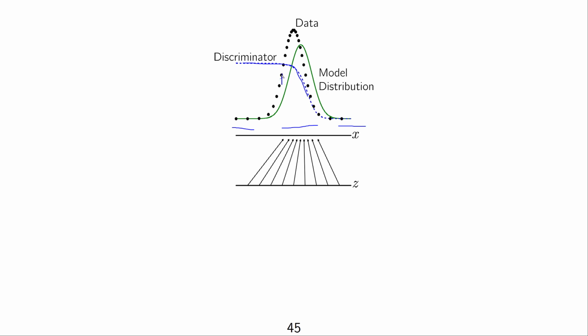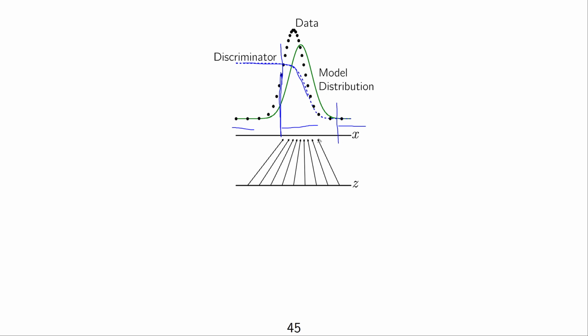For this part here, we see that p_data is a lot bigger than p_model. If p_data is a lot bigger than p_model, the discriminator will output something close to 1.